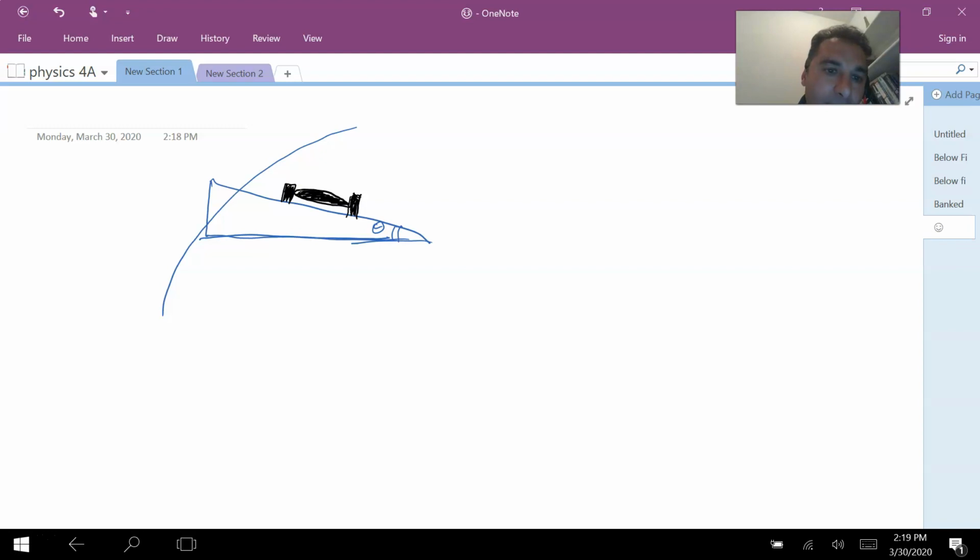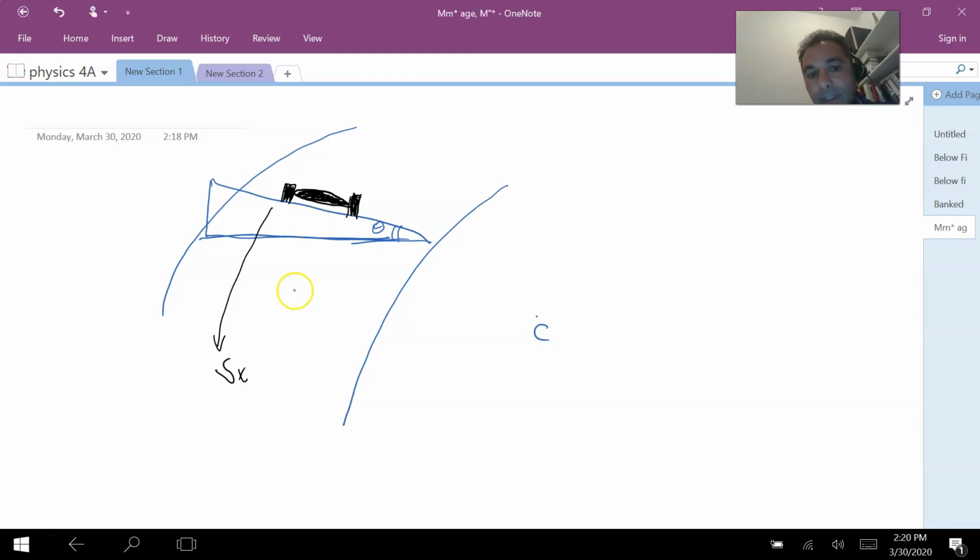And the car goes in this direction, which is the tangent velocity. And here is the curve, and as we know, this curve has a center, and also we have the radius of the curve.